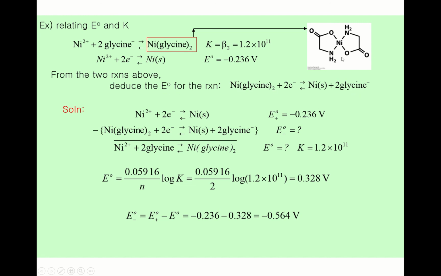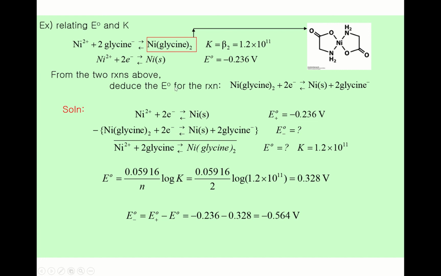This nickel glycine complex undergoes an electrochemical reaction. It accepts two electrons to become nickel metal plus two glycine ions. The question is to find E0 using these two reactions.